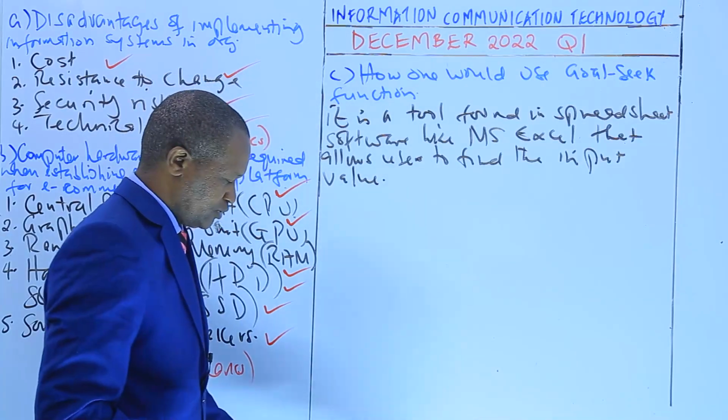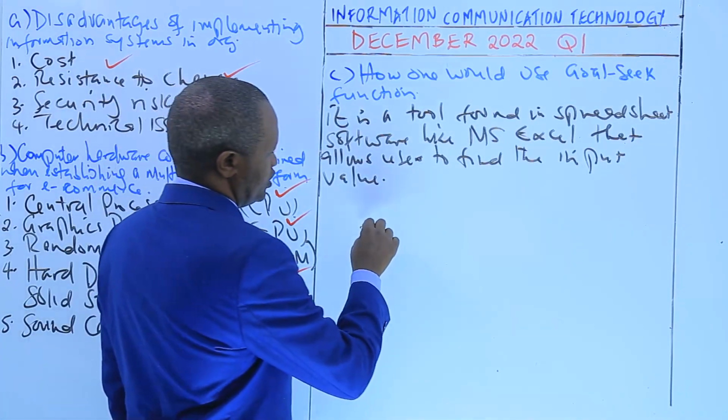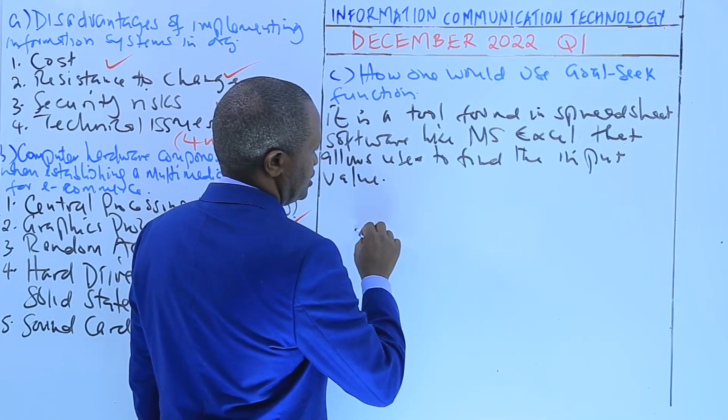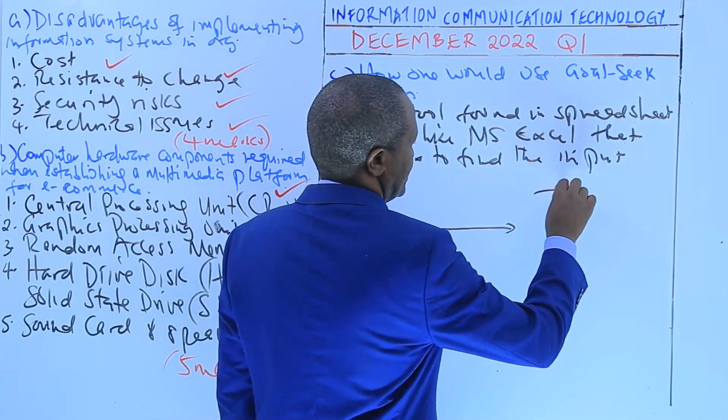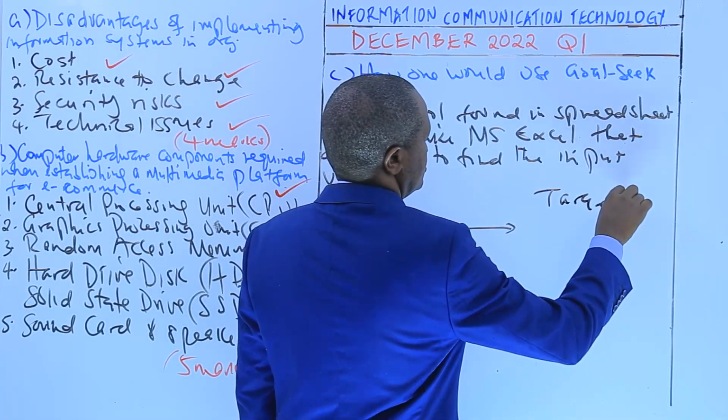I've given an example where an organization would want to achieve a certain target profit.